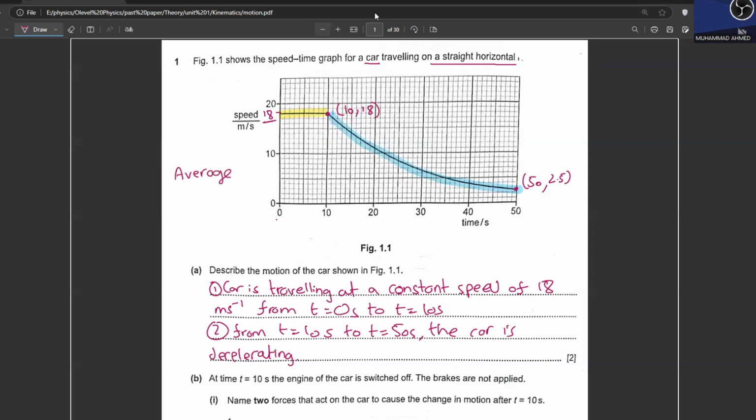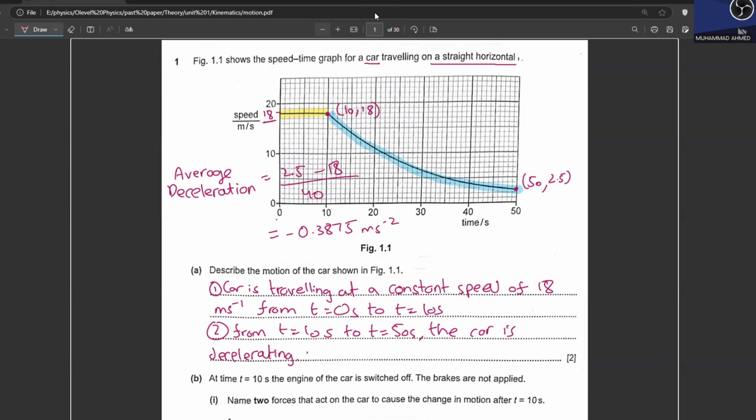Yes, you can do that. How will you calculate the average deceleration? Very, very easy. y2, that is 2.5, minus y1, that is 18, divided by x2 minus x1, that is 40. Your deceleration comes out to be negative 0.375 ms^-2.